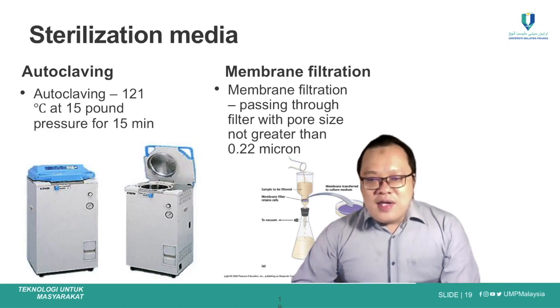Sometimes we use membrane filtration for those culture media that contain heat sensitive or heat labile ingredients added into the culture media, such as red blood cell, vitamins, antibiotics being filtered through membrane before added into the culture media.